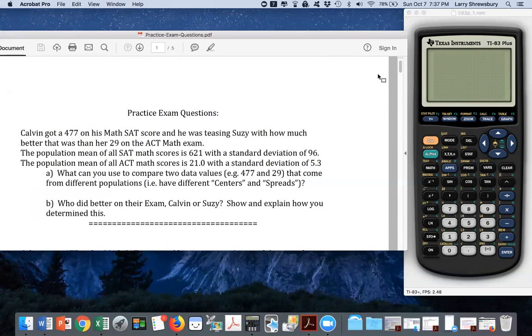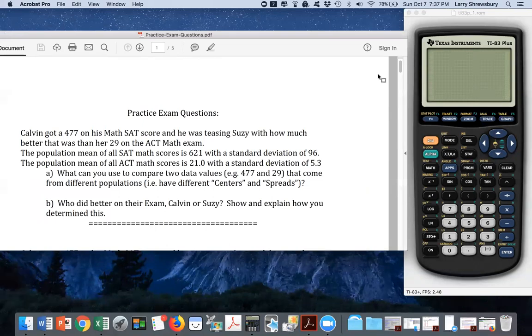They have different centers, different spreads. The population mean of all SAT math scores is 621 with a standard deviation of 96, whereas the population mean of all ACT math scores is 21.0 with a standard deviation of 5.3.